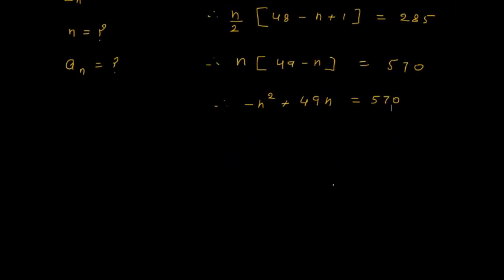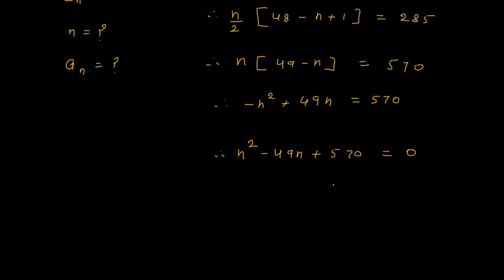Okay. So therefore I will bring all these terms to the right hand side. Okay, so n square will become positive, 49 will become negative, and this is 570.